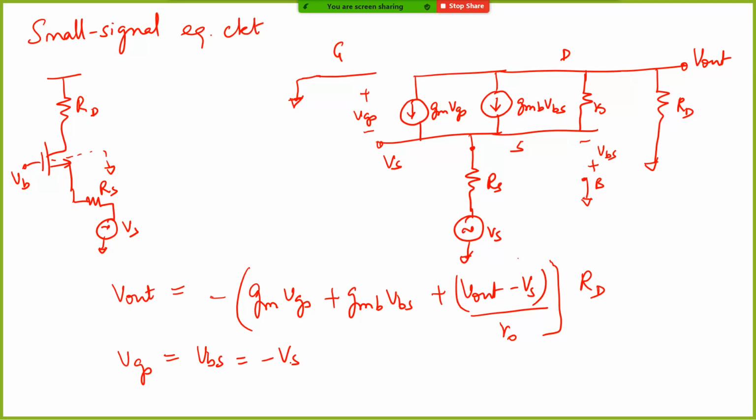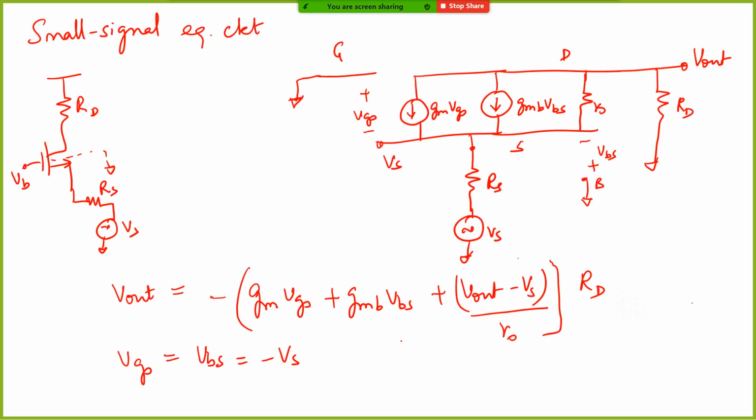And so you can go through this derivation. I don't want to spend the time doing all the derivations. What you will find out is basically that VGS is equal to VBS is equal to minus VS. And what is VS? VS is nothing but this entire current that is flowing here, right?